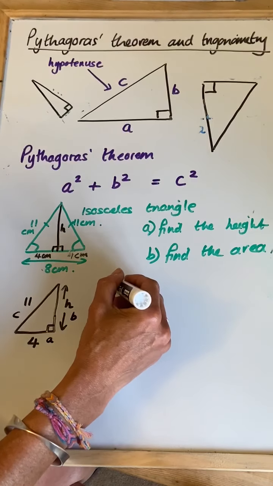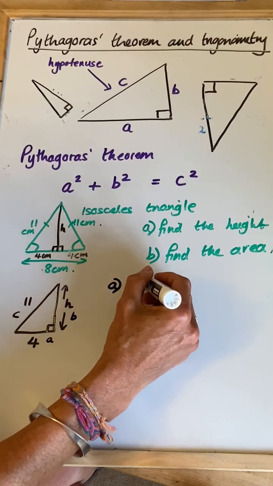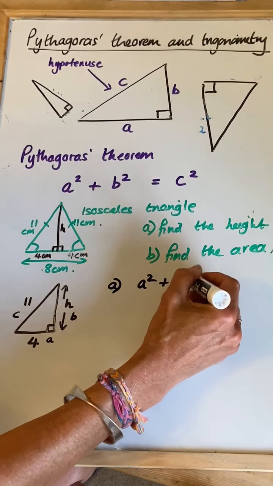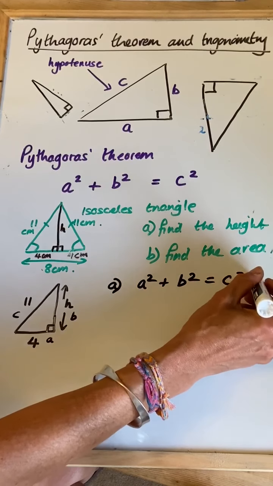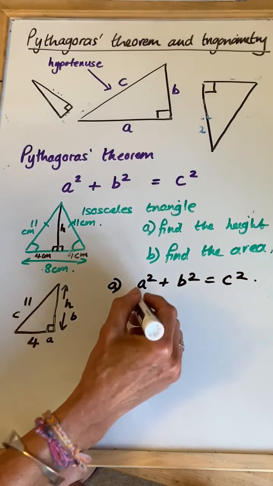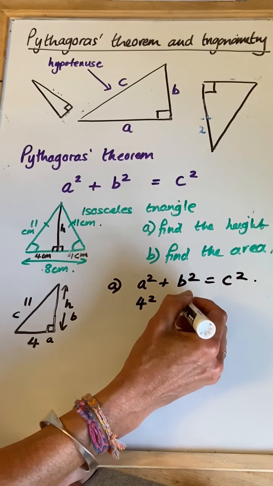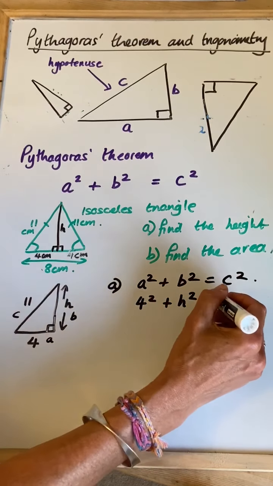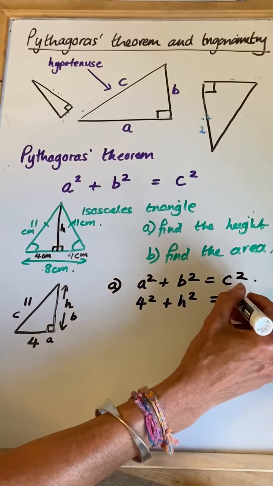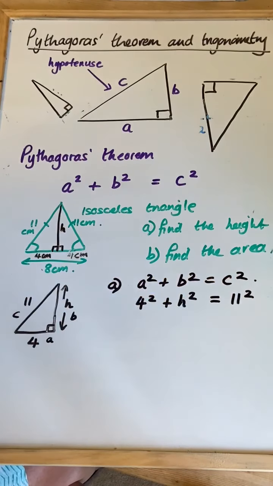So using Pythagoras' theorem for part A of the question, a squared plus b squared equals c squared. Substitute in what you know. A is 4, b I don't know, but I've called it h in this question, and c is 11, so it's 11 squared. So don't forget all these squares, gentlemen, good practice of your squares.